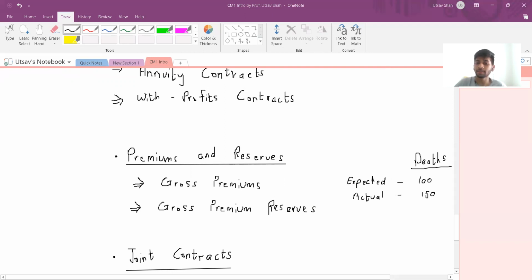So now, if they had expected 100 deaths, they had charged premium accordingly, right? You get it? I'll write it down for you. Premium based on 100 deaths.